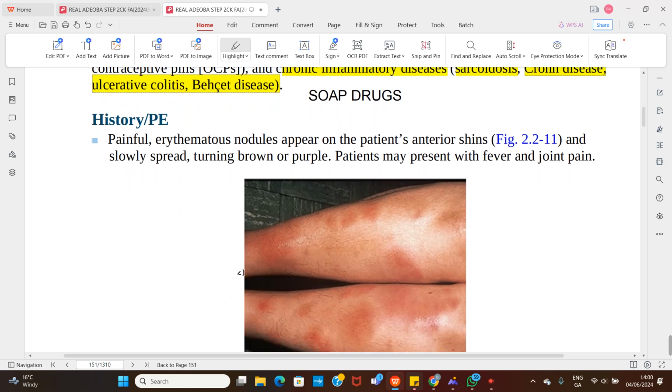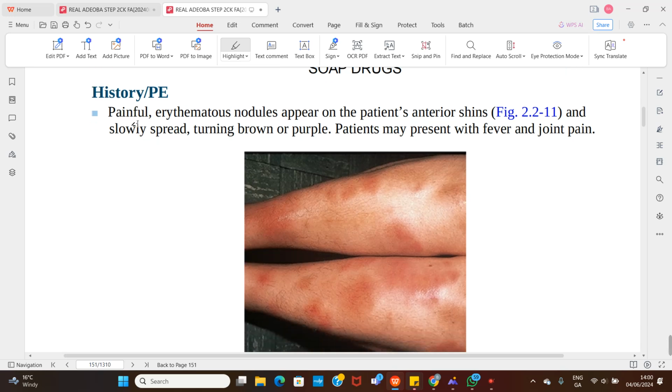So how do they look? You are going to be seeing painful erythematous nodules. That is the word. It is usually nodular most of the time. Painful erythematous nodules that appear in the anterior shin.